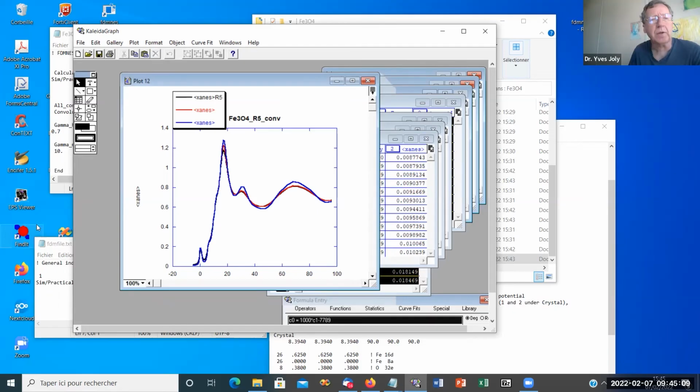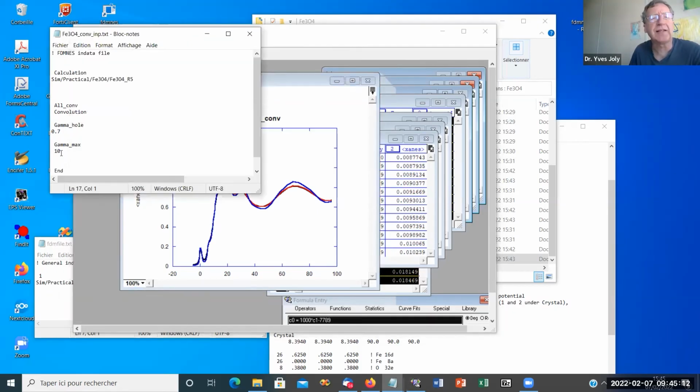Okay, and to finish with that, note that for the extended part, rather than XAS, it's also possible to consider the thermal effect, and it's done with the keyword apps u iso.